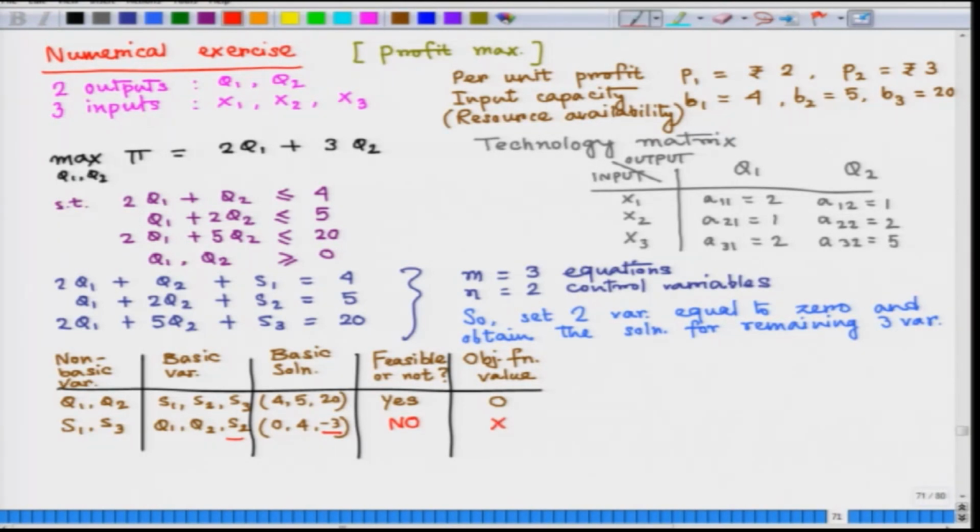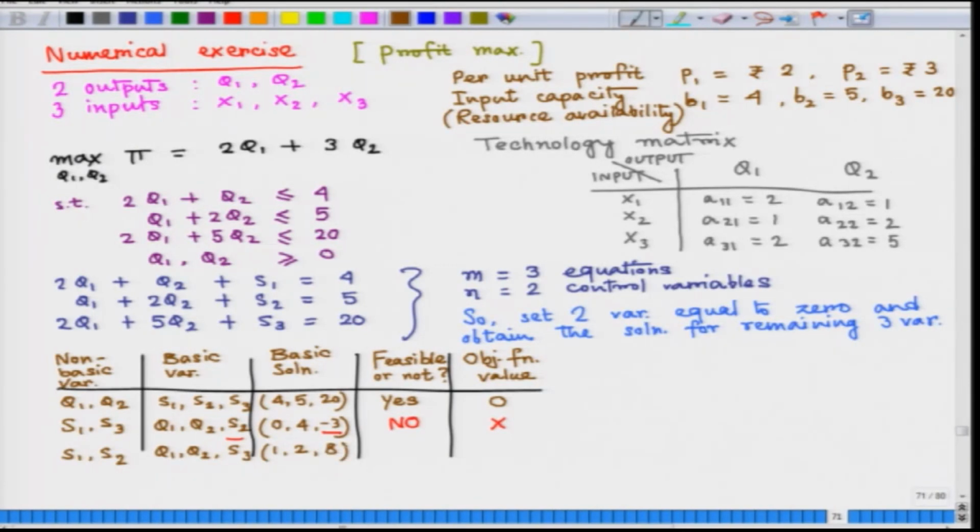Okay. So, this is the way our journey will continue, and we can get a combination of non-basic variables as S1 and S2, and if we choose that, then the basic variables become q1, q2 and S3, and then we find solution 1, 2 and 8.